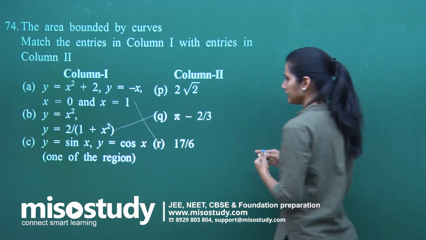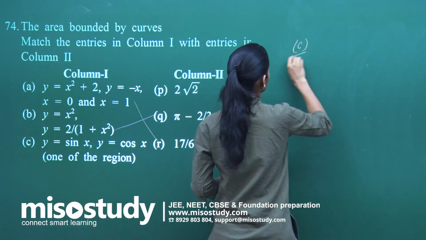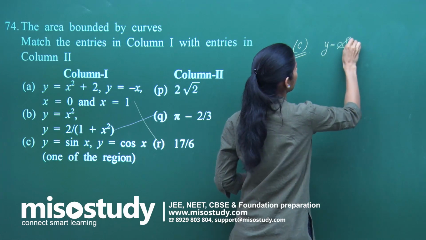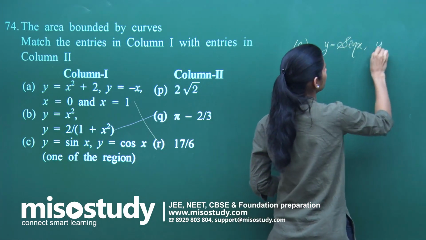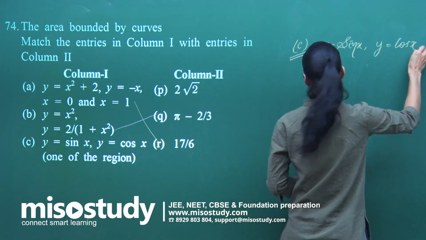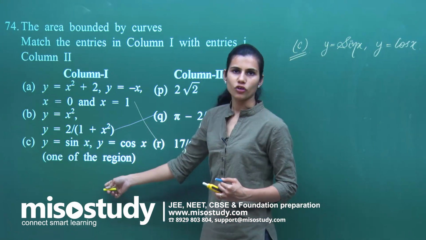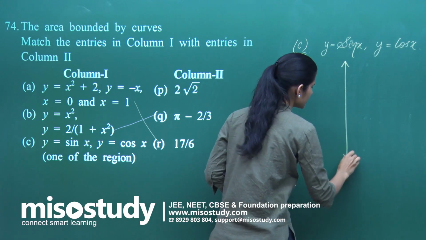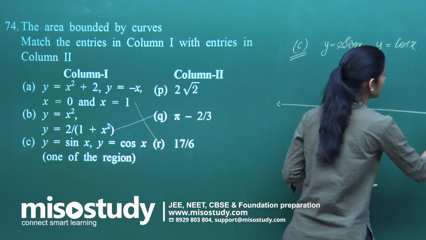Talking about C, it is y equals sin x and y equals cos x. It is just asking us to find the area corresponding to any one region. It means that it is asking us to consider just one cycle.